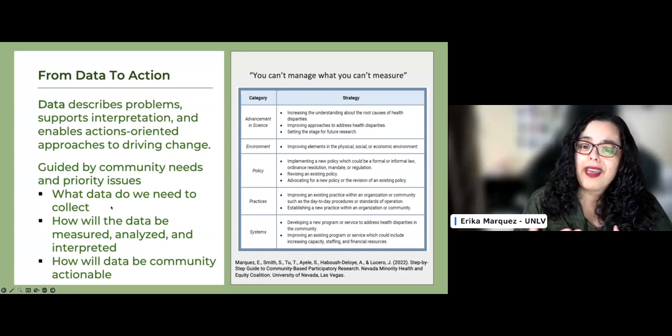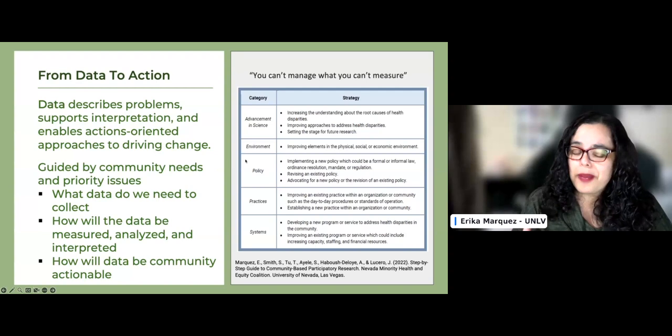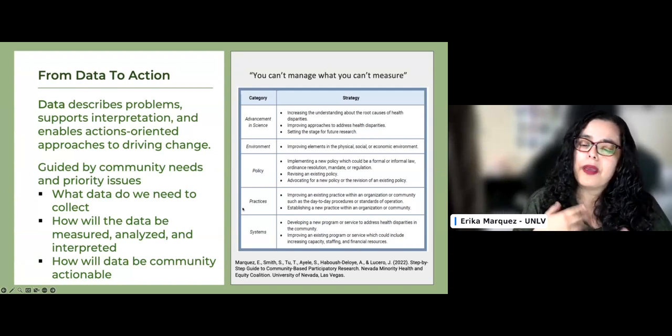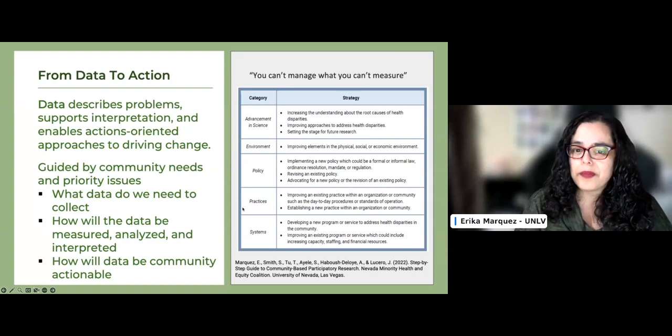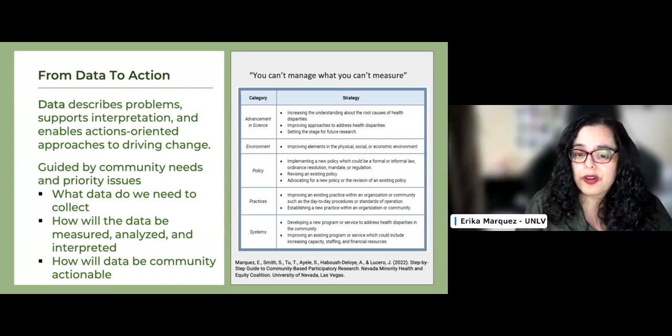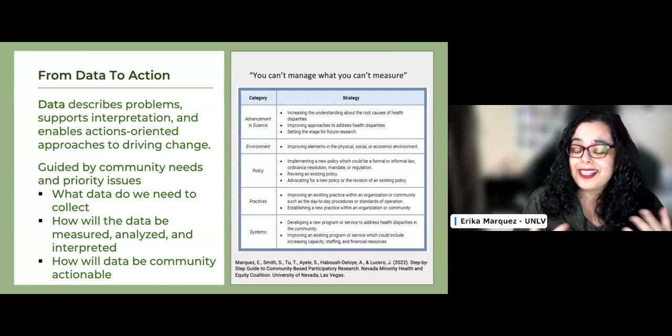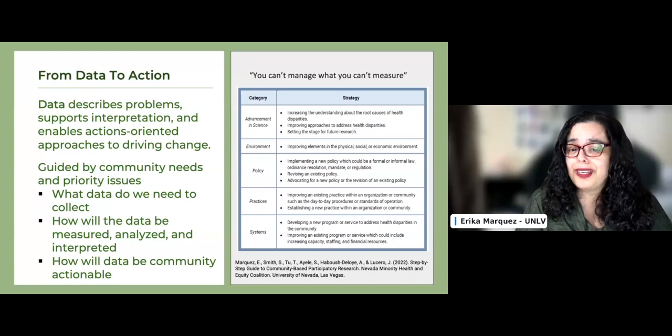And so that could be environmental impacts. It could be policy impacts that we want to have, or impacts on practice or programs, or even for academics, it's always important to think about how we're advancing the science. The nice thing is that we don't have to pick just one of these categories. And oftentimes in community engaged work, we aren't limited to this, right?